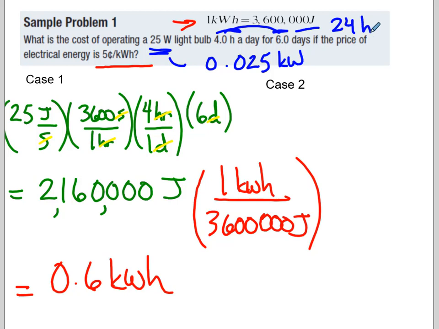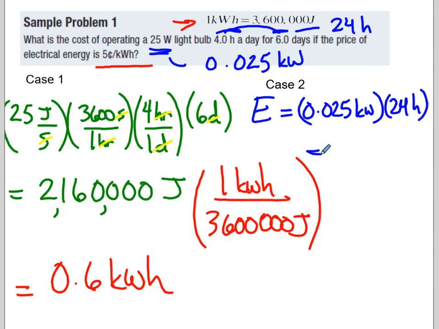So if I find the energy, 0.025 kilowatts times 24 hours. Notice the units. If you take 0.025 times 24, oh my goodness, you get 0.6 kilowatt hours.